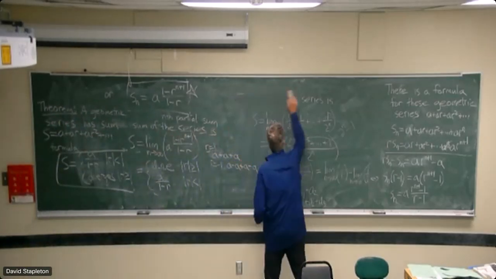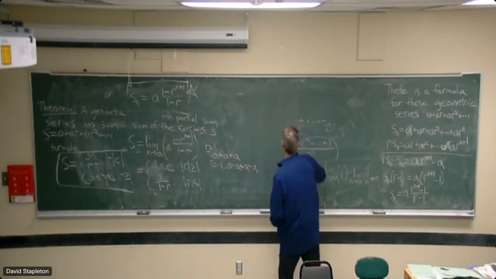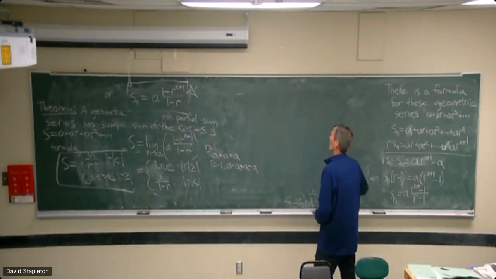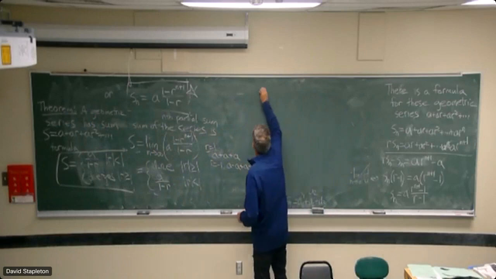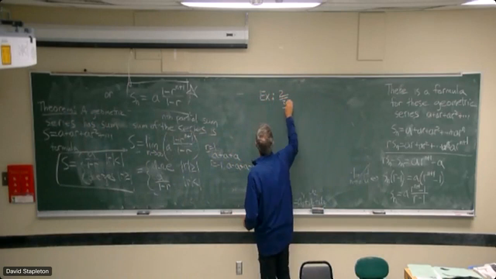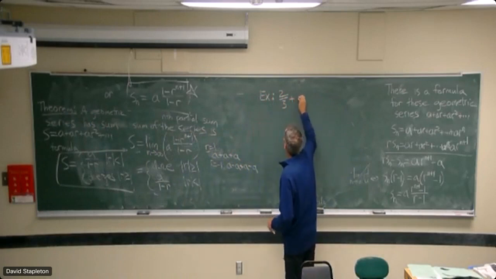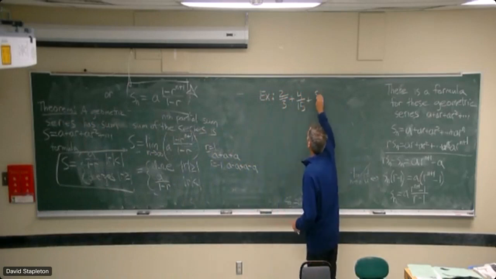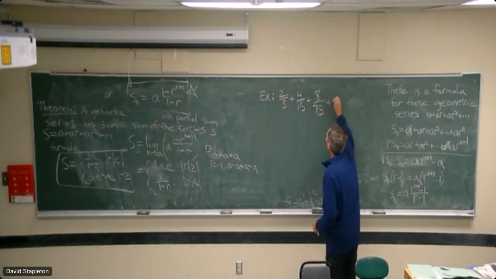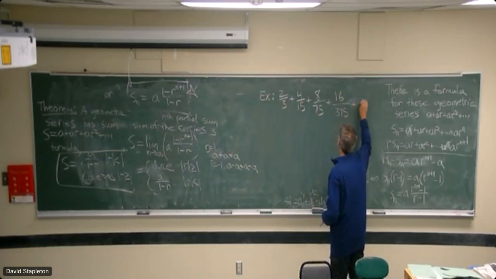Let's try another one here, just real quick. Suppose I had 2/3 plus 4/15 plus 8/75 plus 16/375 plus and so on.